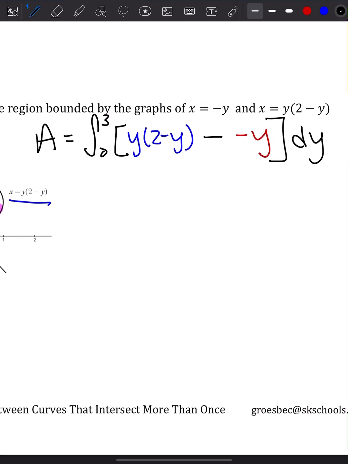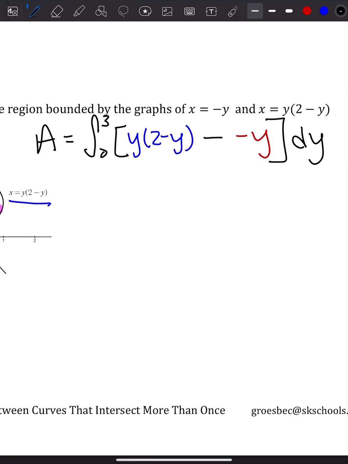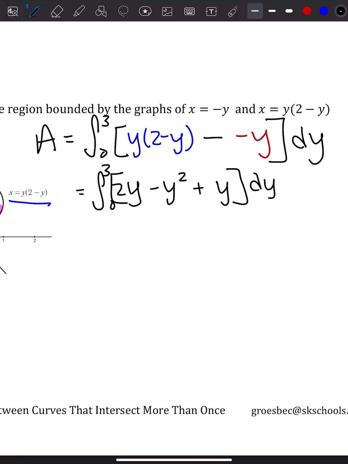Depending on what type of question we have here, we would then simplify what we have. I would probably do what we just did, multiply out y times 2 minus y to get 2y minus y squared. Minus a negative turns into a plus y, dy, from 0 to 3.